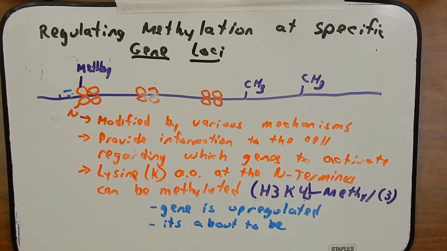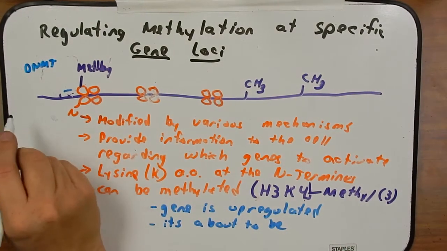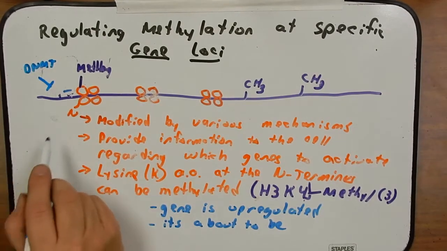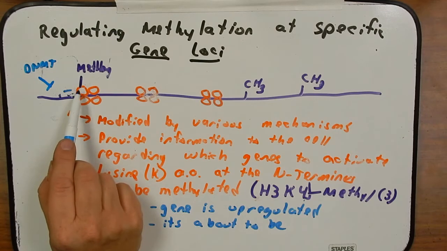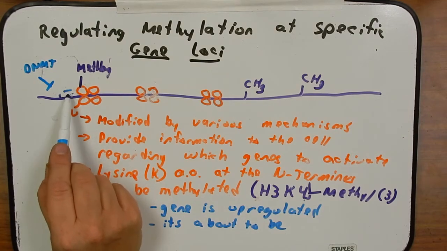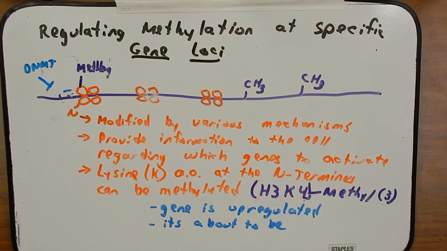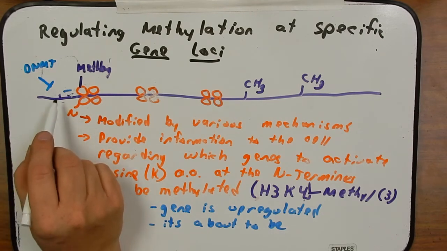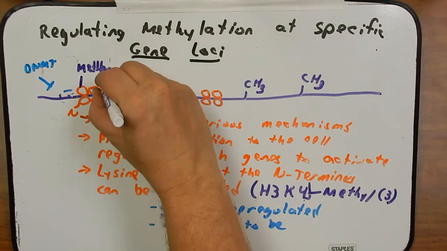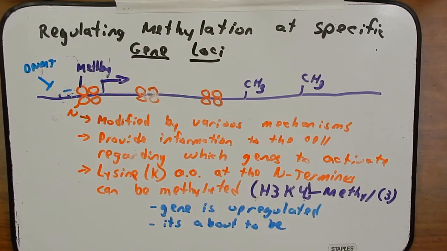Once this histone is methylated, DNMT can no longer methylate the DNA. Somehow, methylating this histone blocks DNMT from binding here and methylating the DNA. And when DNMT is effectively inhibited, this gene can now be expressed. Methylation of DNA, gene expression is down. Methylation of the histone, gene expression is up.